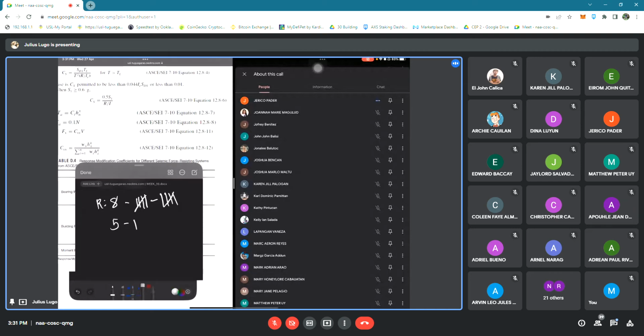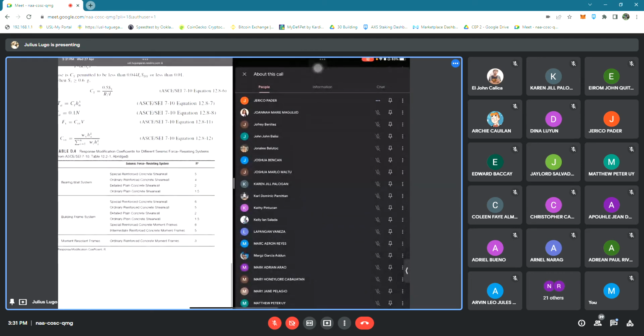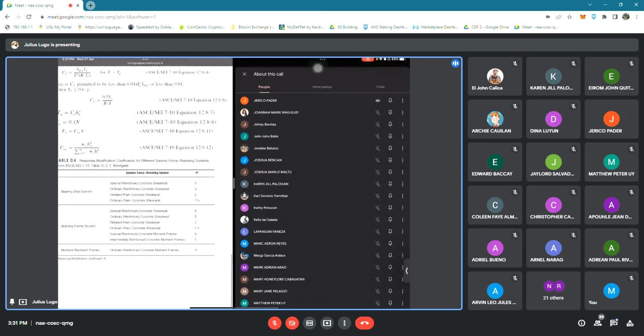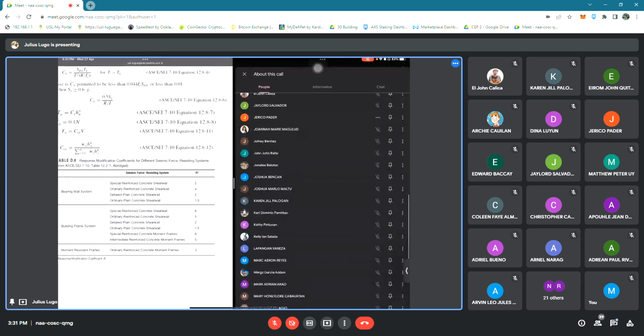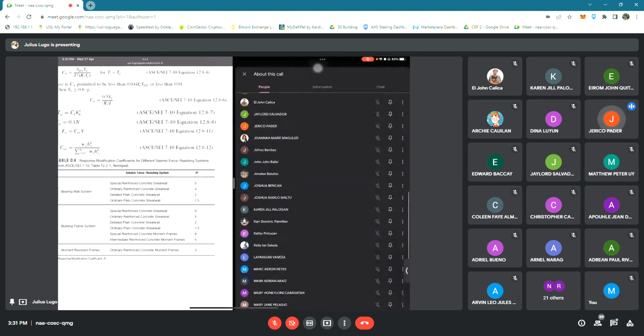Concrete frame. Pero lahat naman nandito, reinforced concrete. Oh, you have shear wall. You have intermediate reinforced concrete moment frame. You have ordinary reinforced concrete moment frame. Yun po yung idea ko, sir.